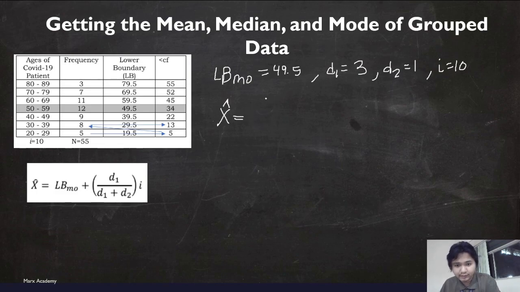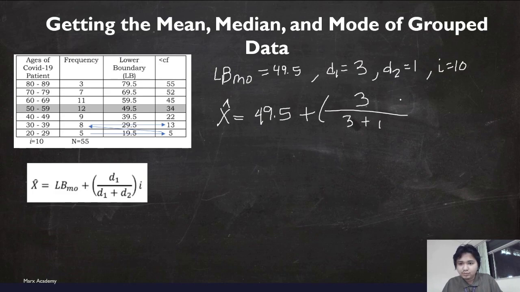Using the formula, X roof, the mode, LBMO, we're going to substitute already to make it faster. So 49.5 plus d sub 1, which would be 3, over d sub 1, 3, plus d sub 2, 1, multiplied by 10, which is I. So we're going to compute the answer. 49.5 plus 3 over 4 times 10, which is 57.